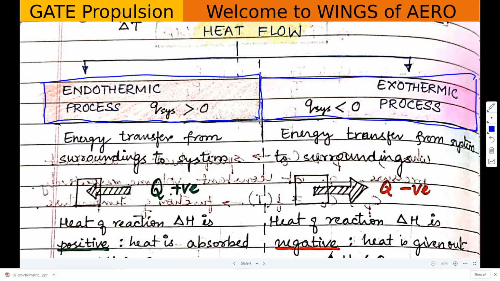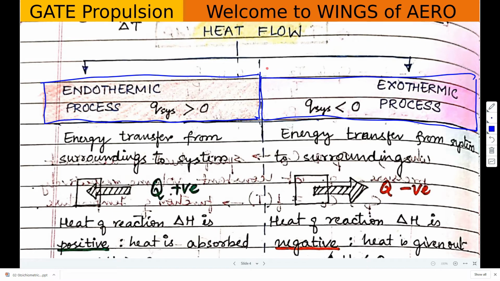Now you must understand what is meant by endothermic and exothermic. Endothermic means where the energy transfers from surroundings to system.